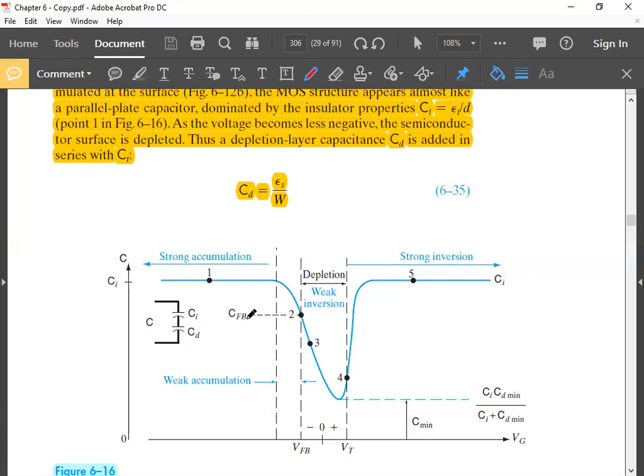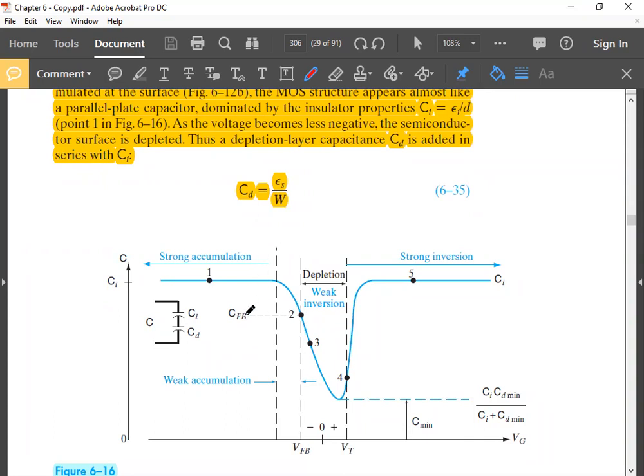In the semiconductor, there is no voltage drop. You remember, voltage drop is associated with bending of the energy levels. So when bands are flat, there is no voltage drop in the semiconductor. So this CFB should correspond to Ci only.